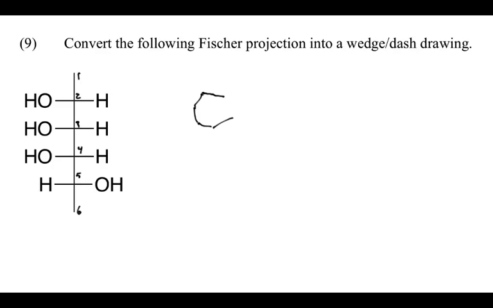I'm going to pretend that we're looking at it from this angle. On the second carbon, it's going to be coming forward. You can have the hydrogen there, and then coming back is the OH. Sorry, that's messy. Very good.